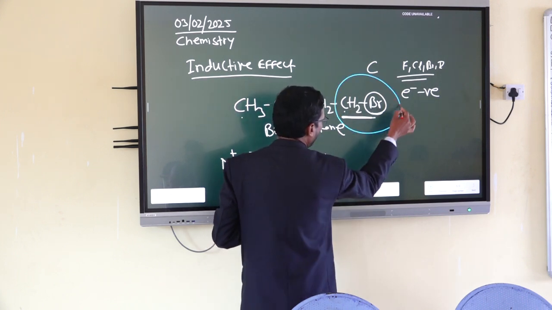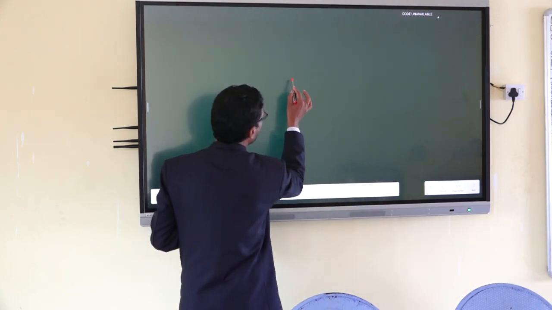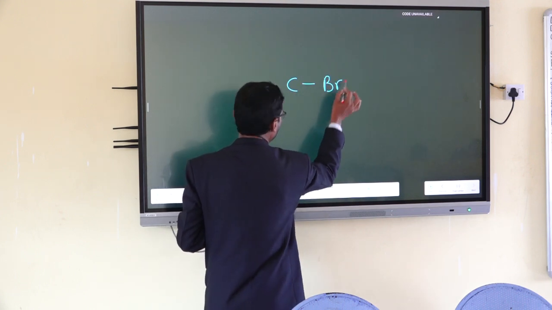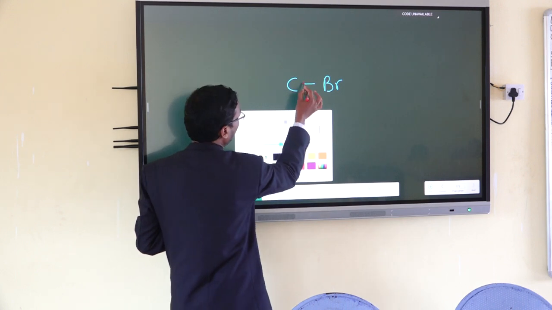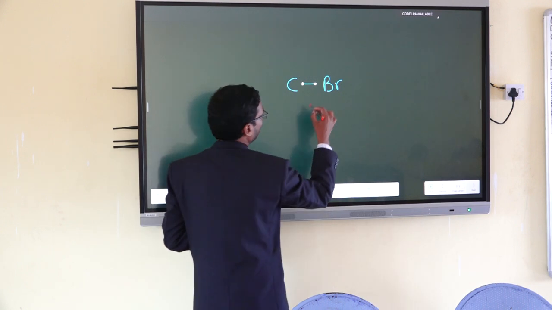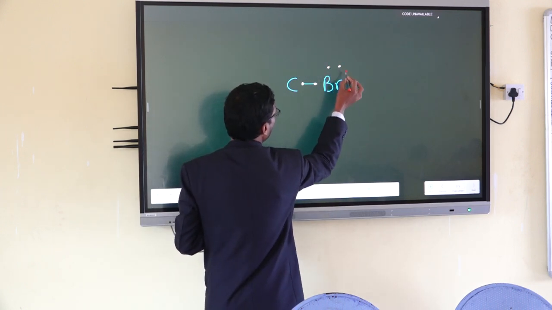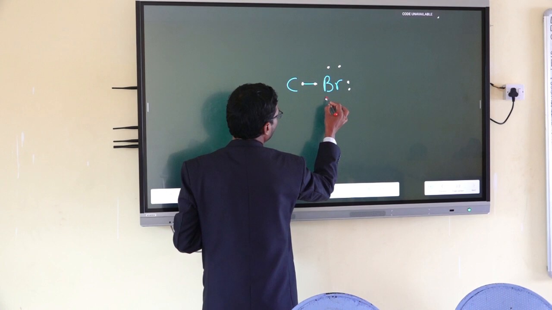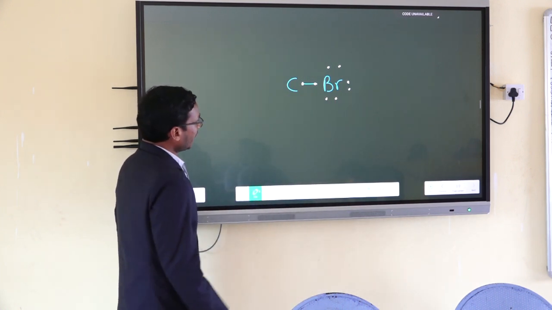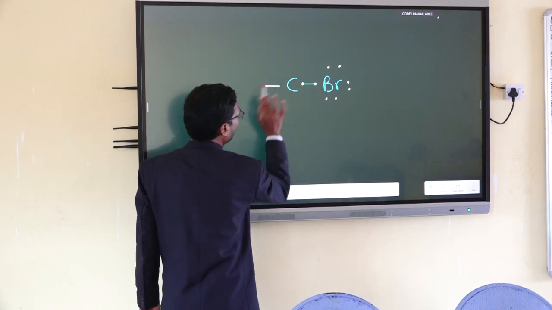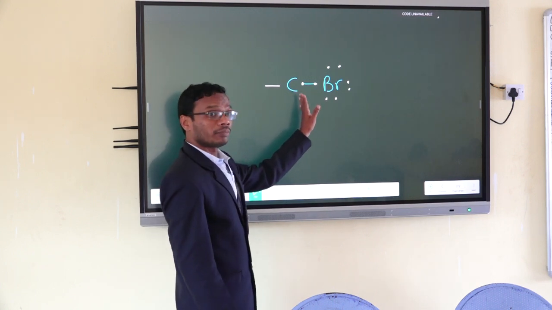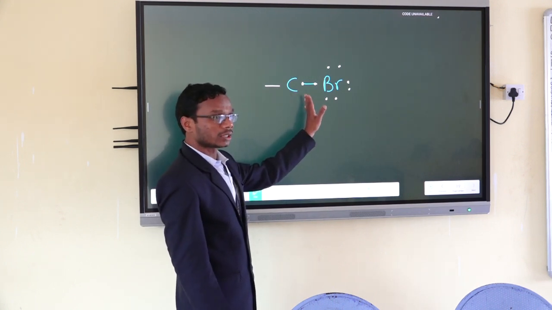This portion I am writing separately: carbon bonded with bromine. In bromine there are 7 electrons, and in carbon there is bond formation. Now we cannot break this bond.